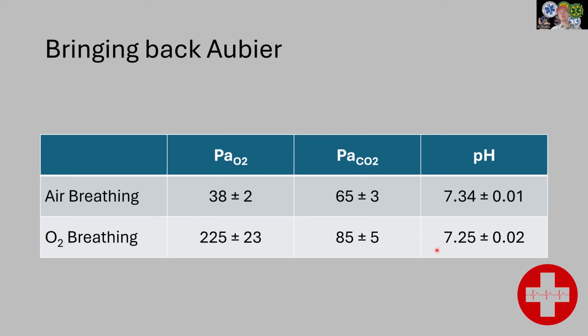The body does not like to be acidic and it does not like to be basic. It likes to be right in its little range. So we are quite far outside our 7.35 to 7.45 range with this 7.25 number that we see in the Obeer trial for patients that get placed on high flow oxygen when they're in respiratory failure from COPD.